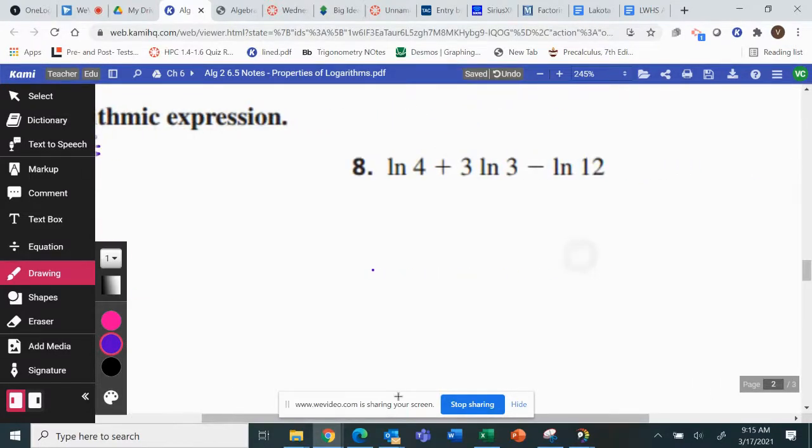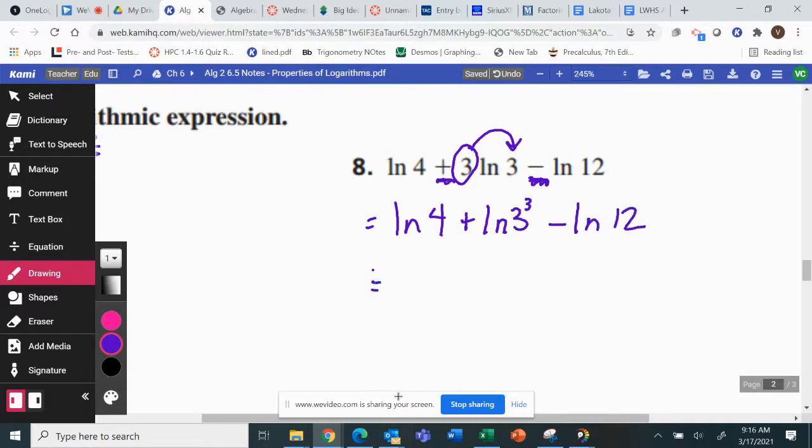Number 8, if it's positive, it's going to go on top. If it's negative, it'll go on the bottom, just thinking ahead of time. And also, if we have an exponent, we're going to move it up. So I'll have ln 4 plus ln 3 cubed minus ln 12. So I've got ln on top, I've got a 4 and a 3 cubed.